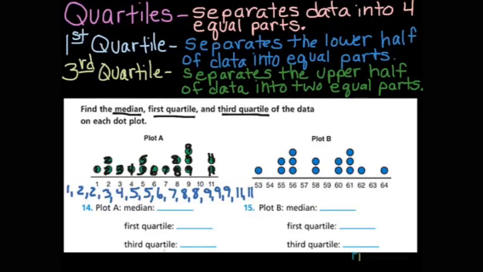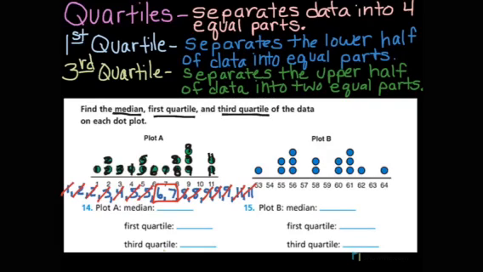Now I'm going to cross-cancel to actually find my median. So 1 and 11, 2 and 11, 2 and 9, 3 and 9, 4 and 9, 5 and 8, 5 and 8. And I have 2 numbers in the middle. Remember, the median is the exact number in the middle.